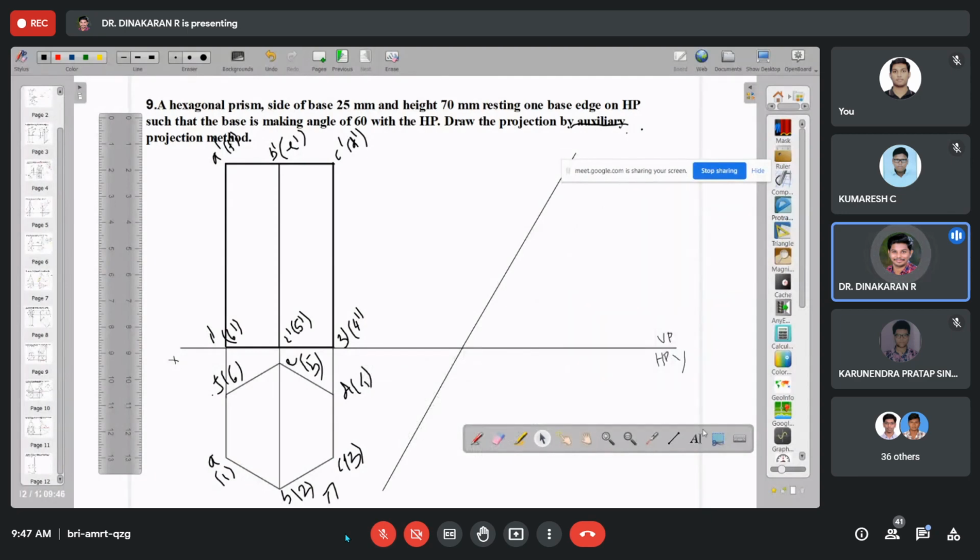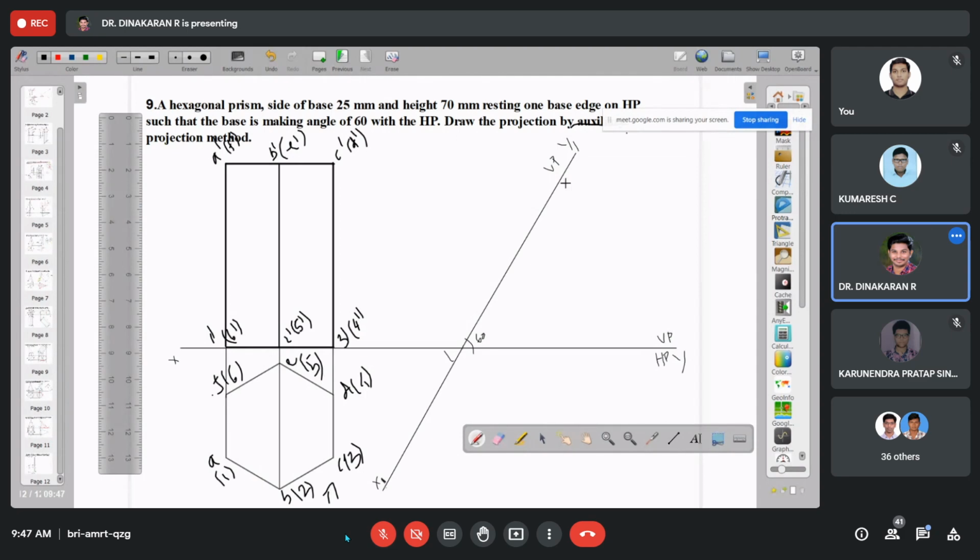After that, I am going to mark it. You see, listen carefully. The old reference line is XY. The new reference line I am going to mark as X1 and Y1. Also, this angle is with respect to HP or VP? 60 degree with HP. So here the VP angle is not changed.